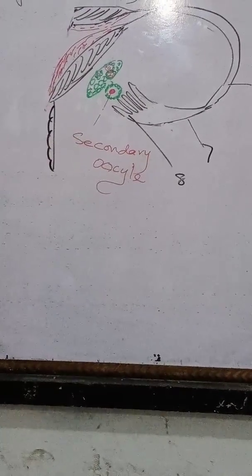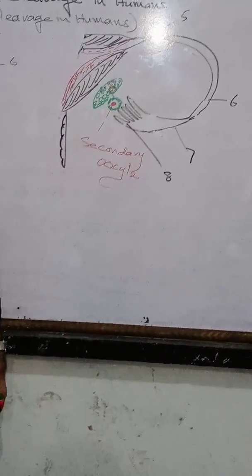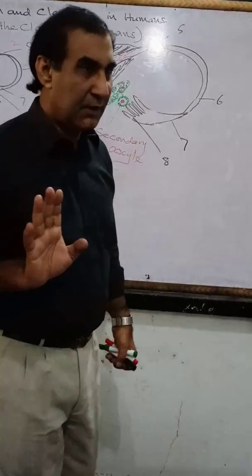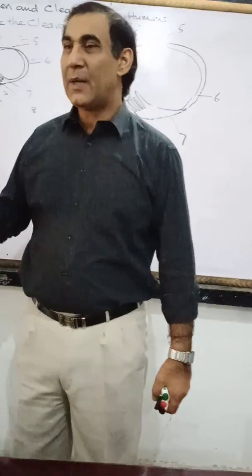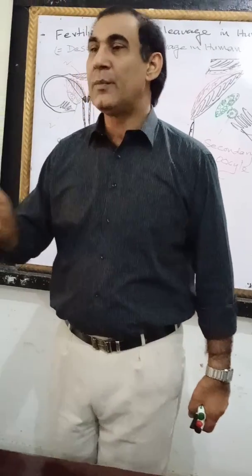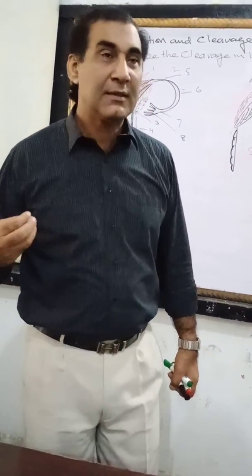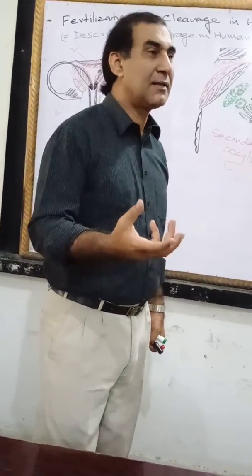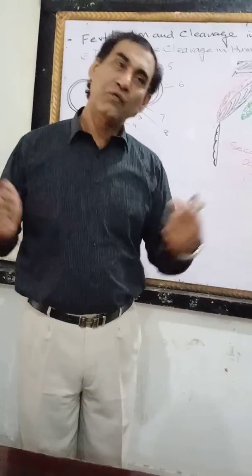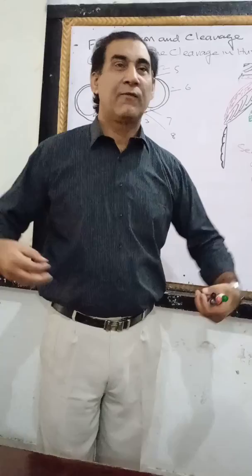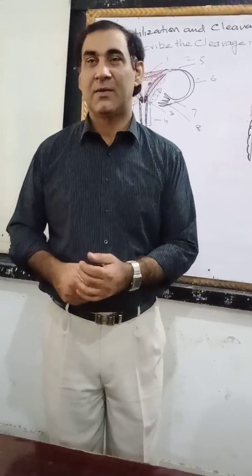As the ovulation occurs, make sure that in case of mammals, no more ovum is released. It is the traditional concept. The students think that the ovum and the sperm fuse together and fertilization occurs.